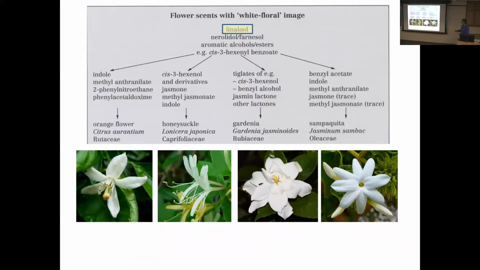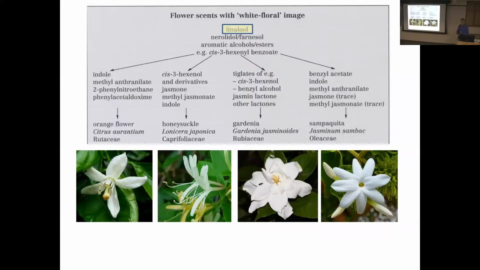And what he found is that there's a core of linalool, nerolidol, farnesol. These are terpenoid alcohols. Okay, so they're soluble in nectar, so they can be flavors as well as scents. And then to that core, he found things like aromatic alcohols and esters, lactones, etc. And that adds some of the spice and difference to these different compounds, to these different floral chords. But linalool was almost always there.